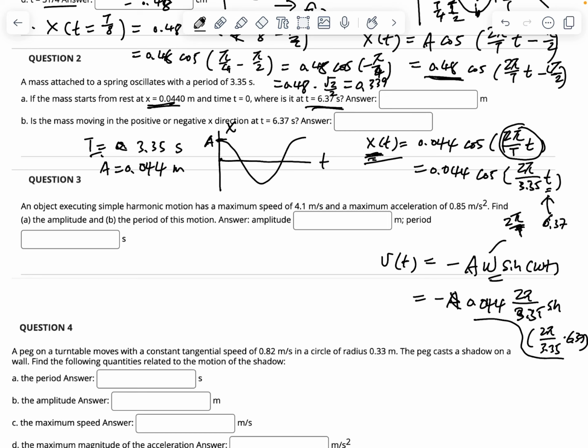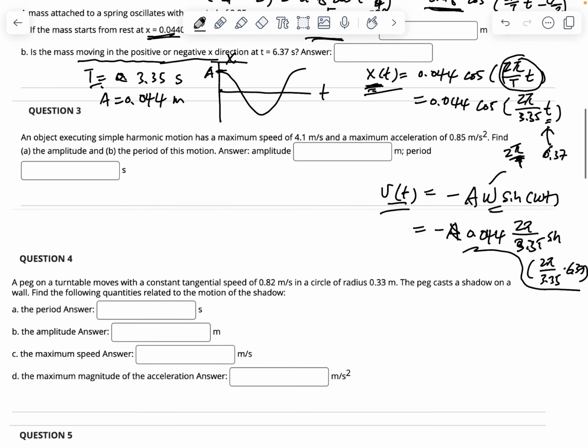So you calculate: if the velocity is positive, then it is in the positive direction. If it's negative, that is negative direction. This asks you about the velocity direction, so just use the motion equation to figure this out.